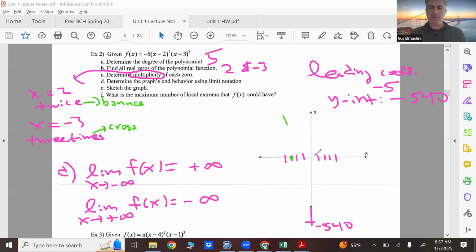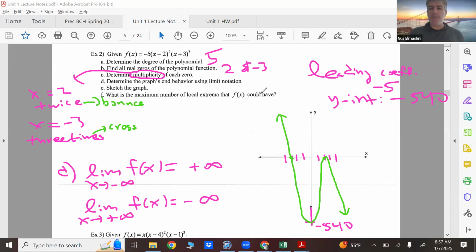So you're gonna have an x-intercept right here, right here. Graph's gonna, geez, hold on. Okay, that's how the graph looks.